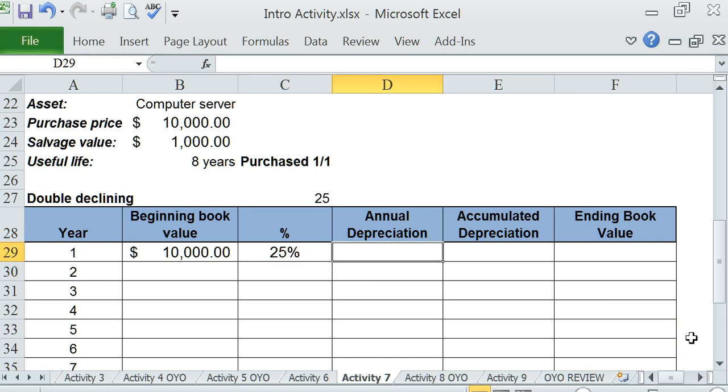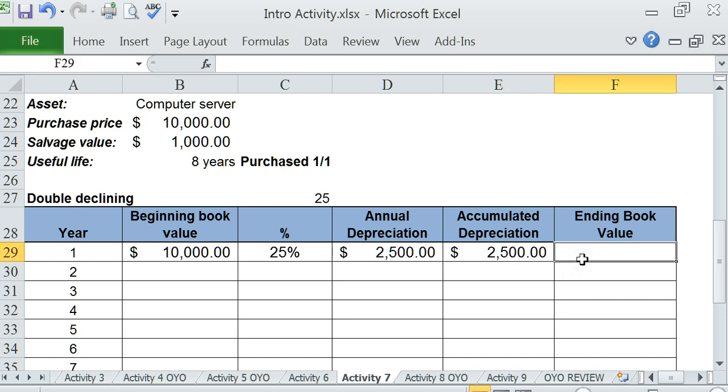So the first year we're going to lose 25% of the book value. I'm going to put a formula here that says 10,000 times 25%. And there you go. So the first year we're going to lose $2,500 in value. Our accumulated depreciation will still work the same.